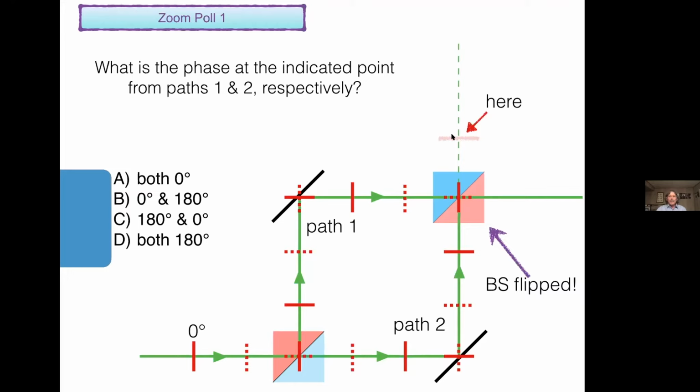So at this point in space, specify the phase of the light that came from path 1 to here or path 2 to here.